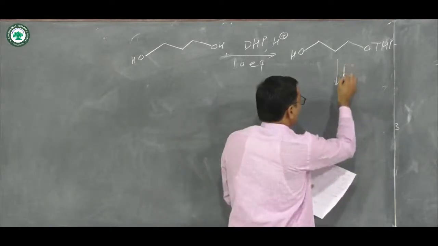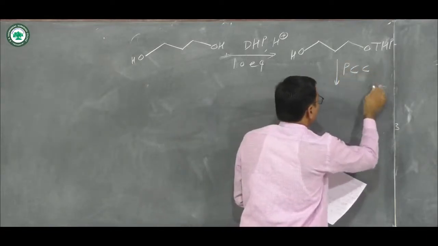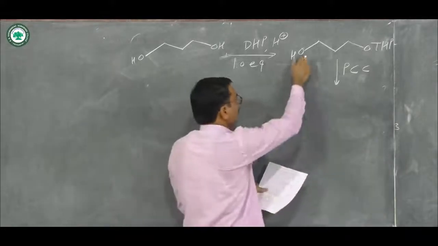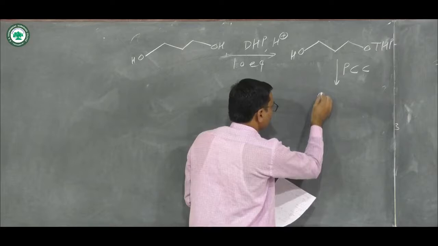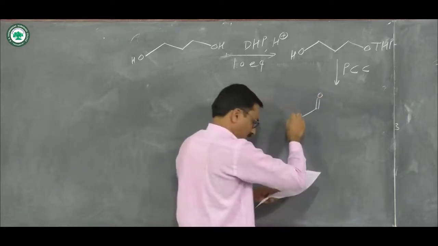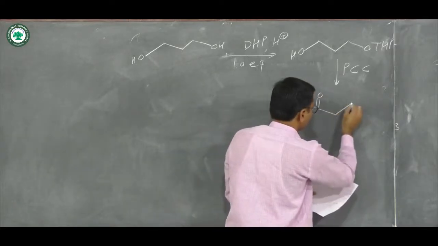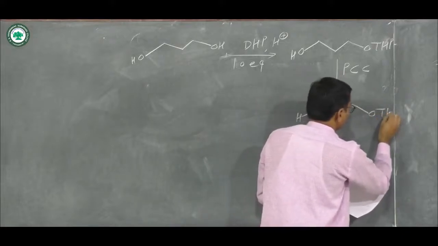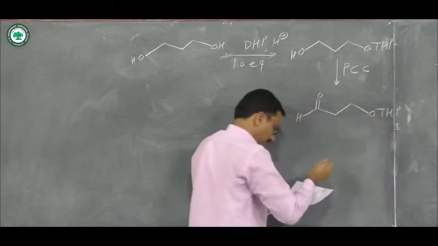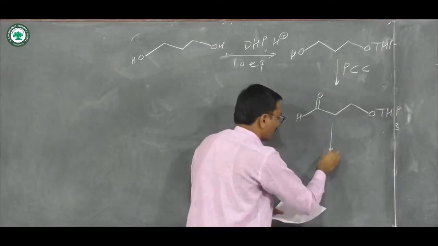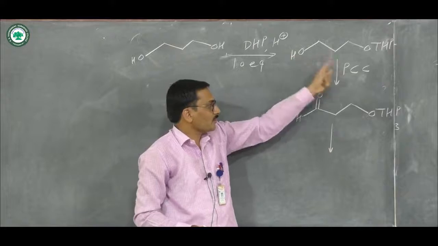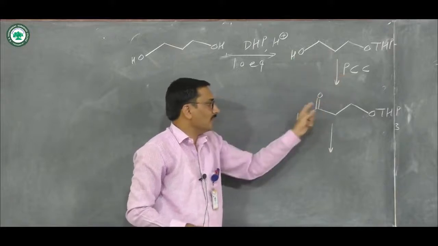In the next step we use pyridinium chlorochromate as an oxidizing agent for this alcohol. So this alcohol undergoes oxidation in the presence of PCC into an aldehyde.